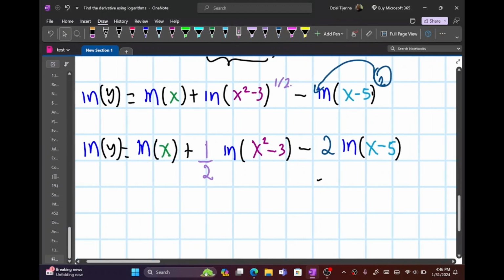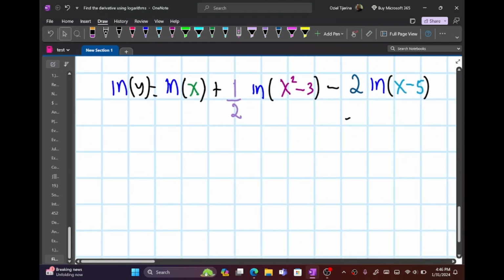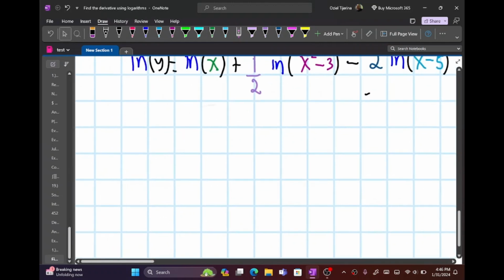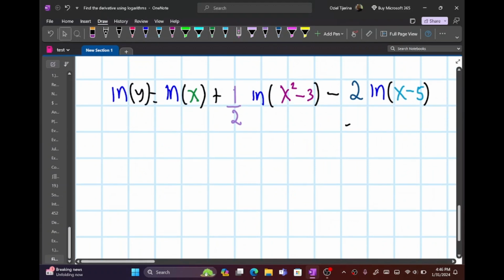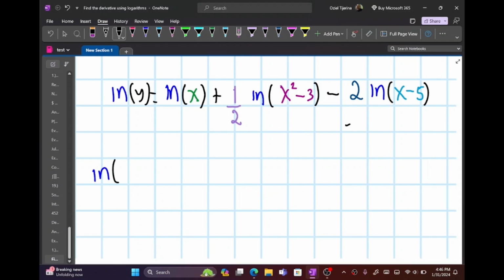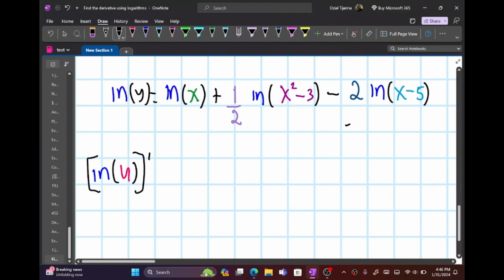Now the idea is we want to differentiate this entire thing. So we know that if I'm talking about ln of some expression of u, right? Let's do it this way, and we want to do the derivative of this, so prime.